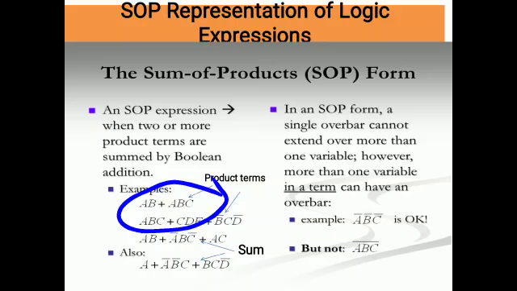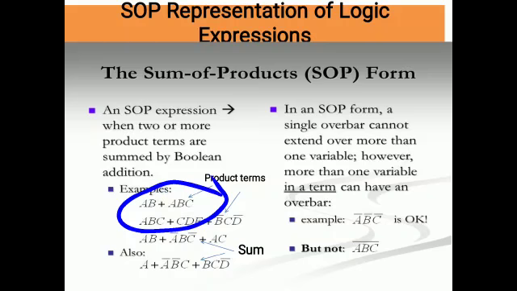In this SOP form, A, B, C are called variables or literals, and there may be any number of variables. These variables may be in complemented or uncomplemented form.